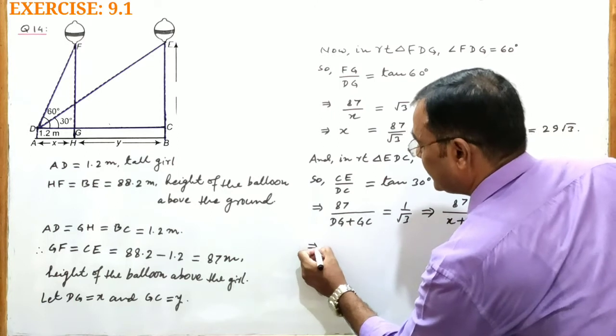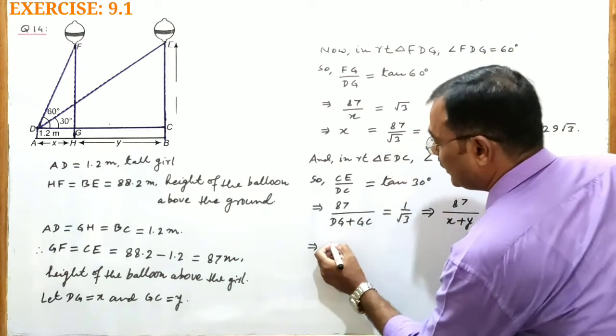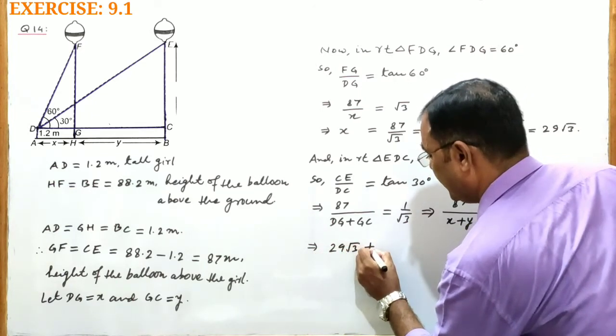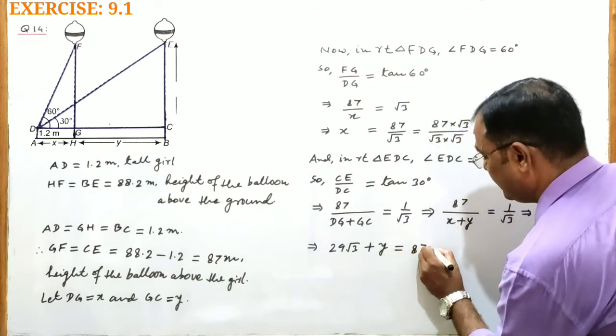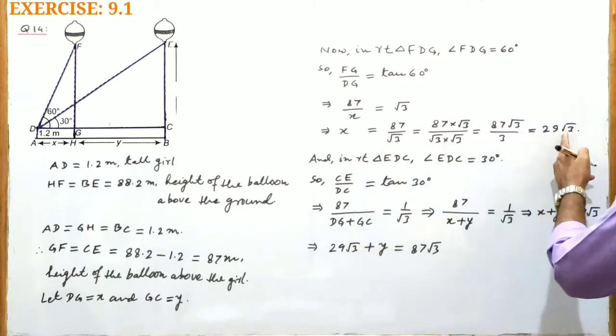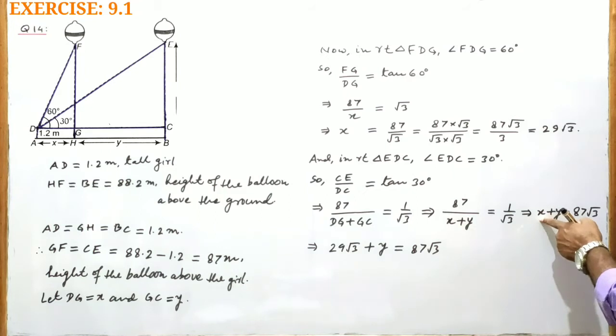Value of x we have already got, 29 root 3, that we have substituted in this equation.